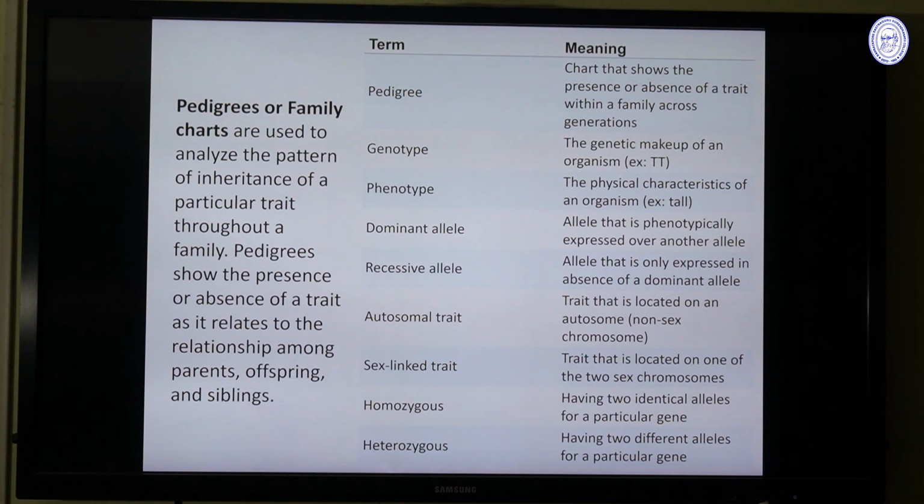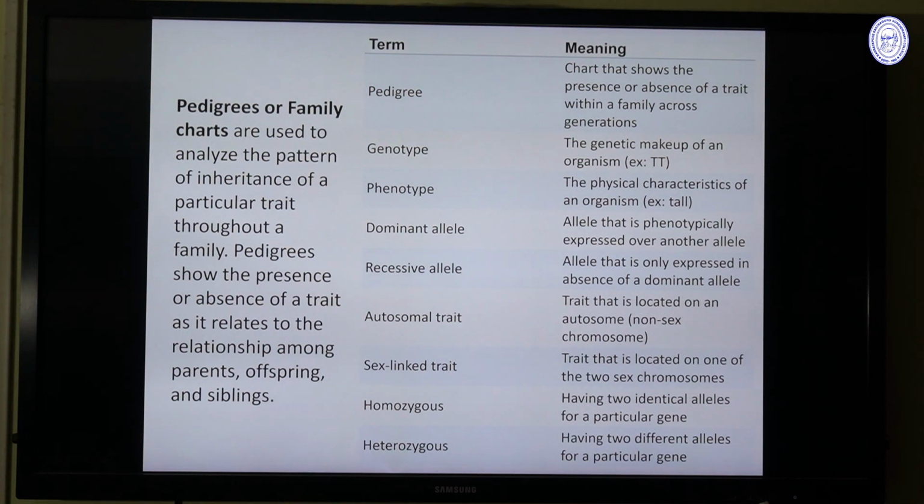Say for example, there is premature gray hair in some of the individuals in a family that is inherited in generations, but we want to know what is the basic background or causative agent behind that premature graying of hair. To know that, we should know some of the terminology that will come in the topic.